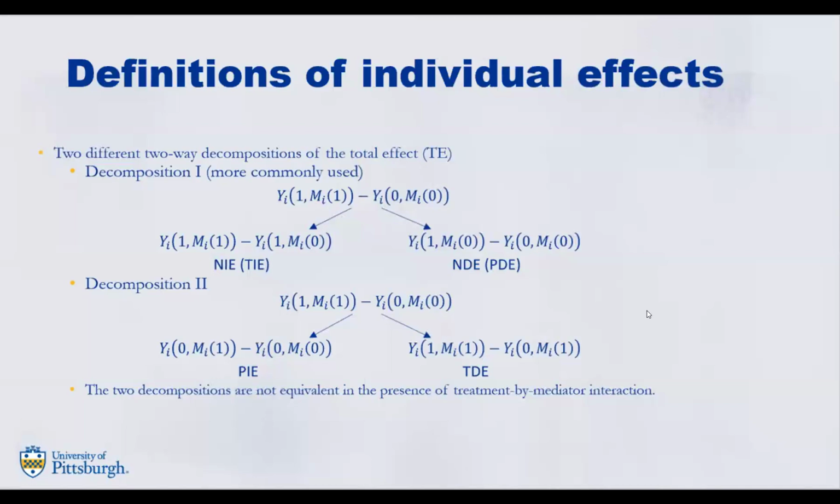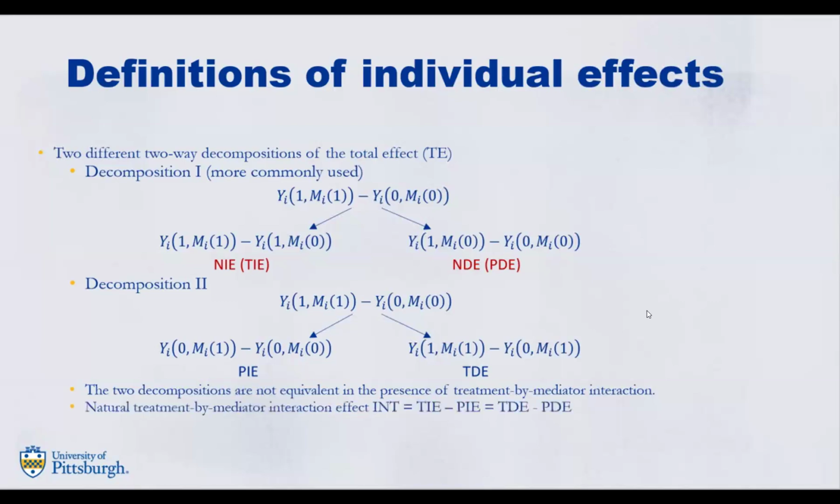Well, if you read some causal mediation analysis papers, you may notice that the first decomposition is more widely discussed, the natural indirect effect, natural direct effect. However, I would like to draw your attention that this is not the only decomposition. There is an alternative decomposition, which is not equivalent to NIE and NDE when treatment interacts with the mediator when affecting the outcome.